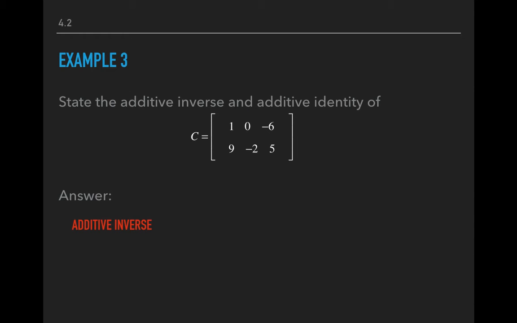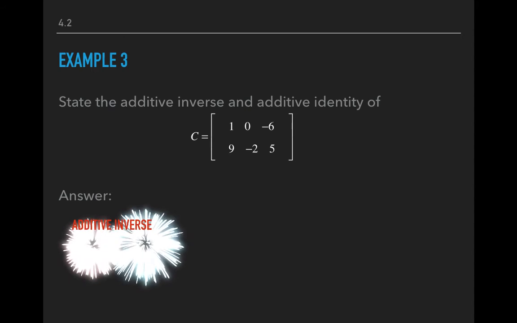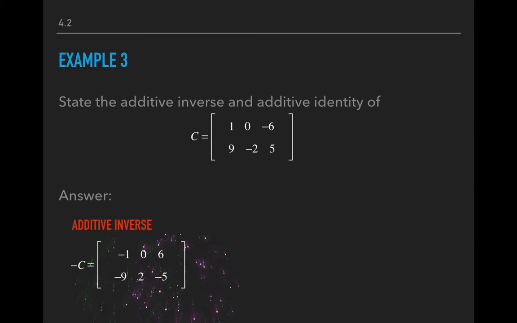The additive inverse is going to be what you might call the opposite of C. So every element is going to be the opposite of what we saw in matrix C. I hope that makes that a little bit more clear. It's a lot of terminology, but once we get a hang of that terminology, I think now you see additive inverse just means the opposite values when you're adding.